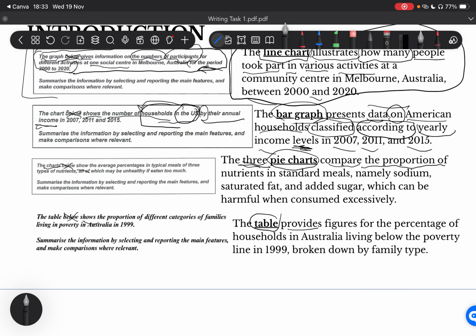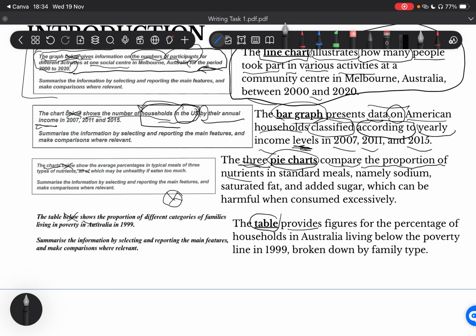Compare the proportion of nutrients. So show the average percentages in typical meals of 3 types of nutrients. And what we see in the pie charts is portions of meals. That's why here we said that they compare the proportion of nutrients in standard meals, namely sodium, saturated fat, and added sugar.